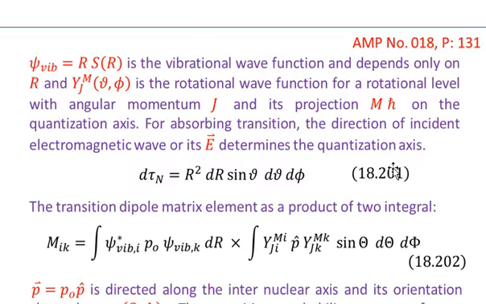Since we have a wave function as a product of two wave functions, ψ vibration and Y_JM, we need to write two different integrals for them. The first integral is written for ψ vibrational, and it contains p naught, because p naught contains only the value of capital R, whereas the p unit vector contains the azimuthal part, that is, some angles.